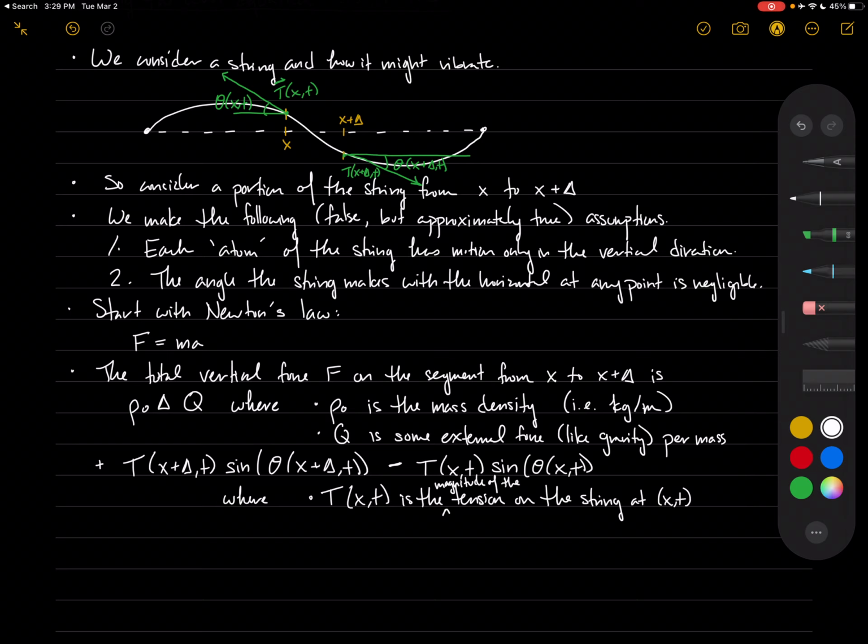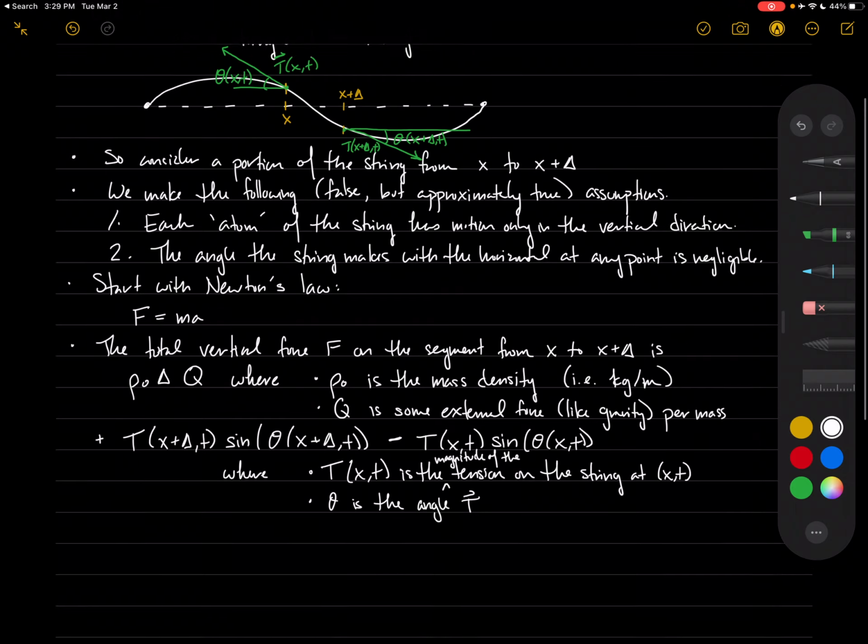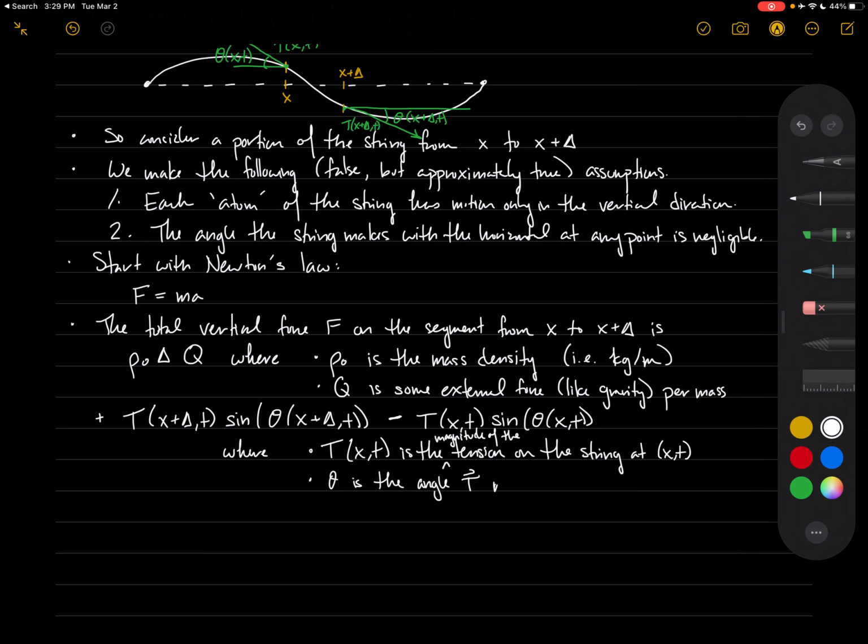Maybe you want to think of it as a vector, but here we're thinking of it just as the magnitude. And theta is the angle that the vector t, either this vector of tension or the tangent vector to the string, makes with the horizontal.